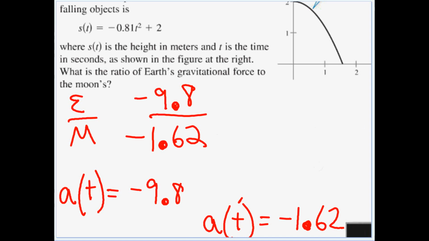If we divide those, the negatives will cancel to be a positive, and we get, we'll round this off, approximately 6.0. So Earth's gravitational force is 6 times that of the moon, or the moon would be 1/6 the gravity of Earth.